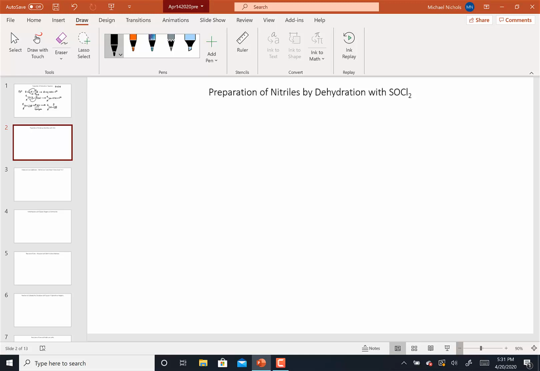Nitriles, how do you make a nitrile? Usually what we use is we just use a cyanide ion in order to add that to an alkyl group like we just did. But there is a way to make a nitrile by doing a dehydration reaction.